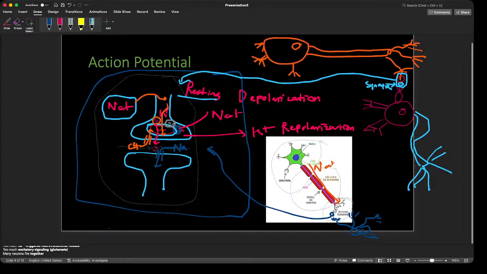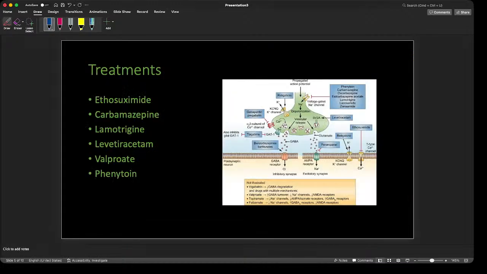So let's take a look at some treatments now and see how we can prevent further seizure events. As I mentioned, the other neurotransmitter that gets released is GABA, and GABA is an inhibitory neurotransmitter, and calcium also releases GABA as well.